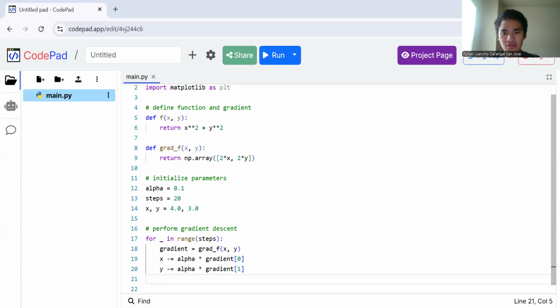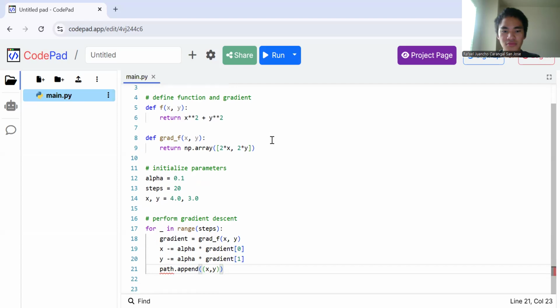Okay, here's what I'm going to do. I'm going to append it exactly, the path. Let me see.